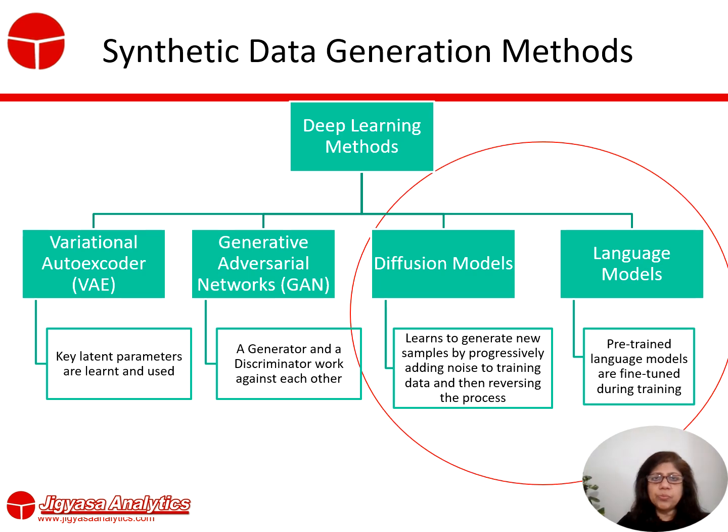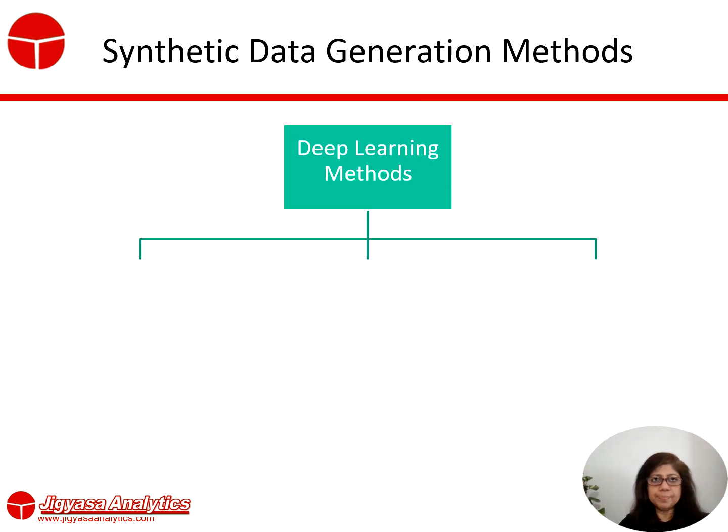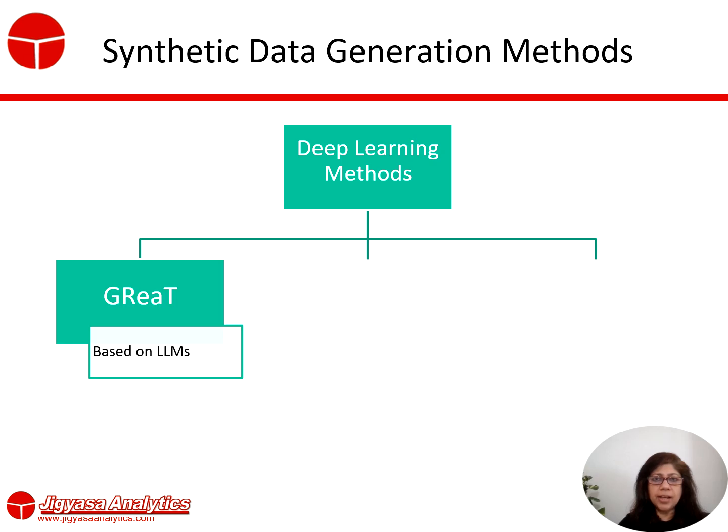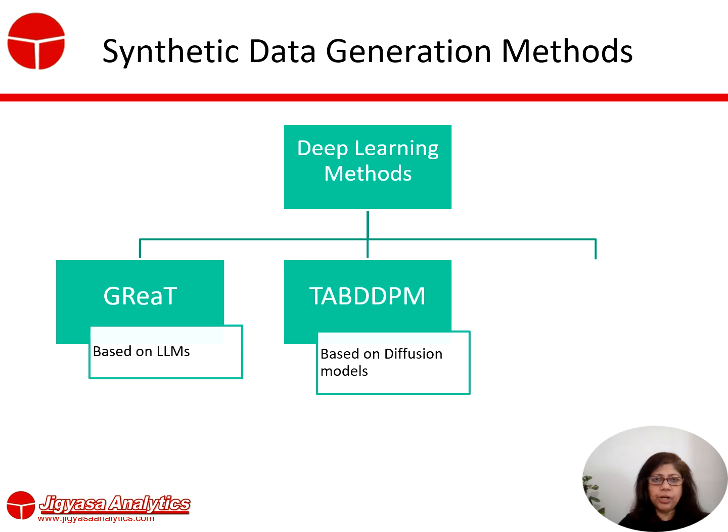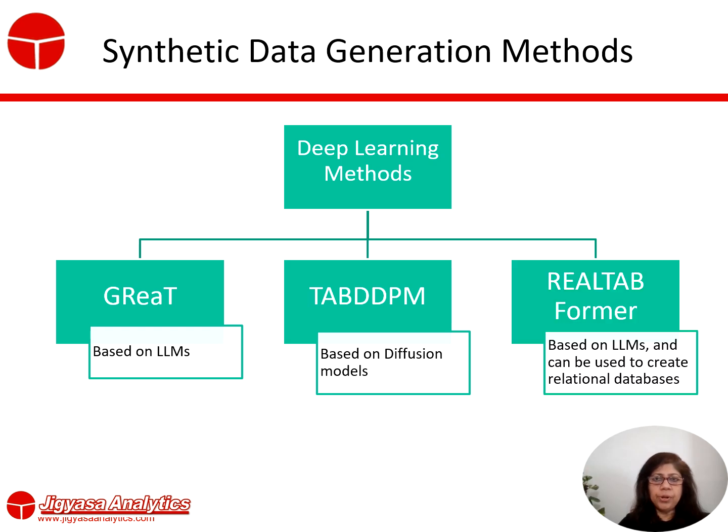For our experiments, we focus on methods based on diffusion models and large language models, as those are more recent and have been shown to perform better than the earlier methods based on GANs and variational autoencoders. The three specific methods we experimented with were GREAT, which is based on large language models, Tab DDPM, which uses a diffusion model to create synthetic samples, and Real Tab Former, which also uses a large language model.